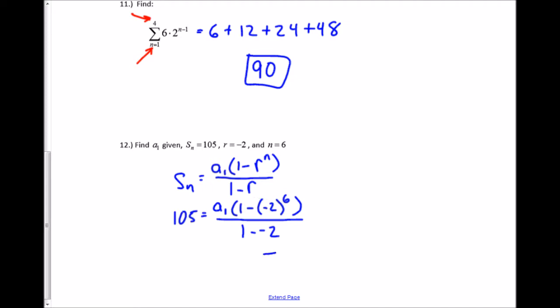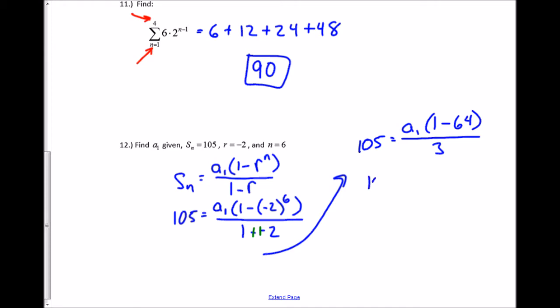So when I do this, I have to do that -2 raised to the 6th power first. So I have a sub 1. Right here I have 1 minus -2 to the 6th power. That 6th power takes care of this negative, and that ends up giving me a positive value here. So I end up with 1 minus a positive 64 now. Okay? All over. Down here we can actually do this. That's adding the opposite. So that's going to give me a 3.